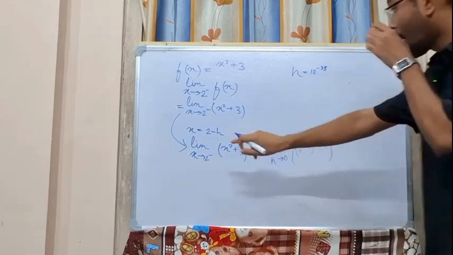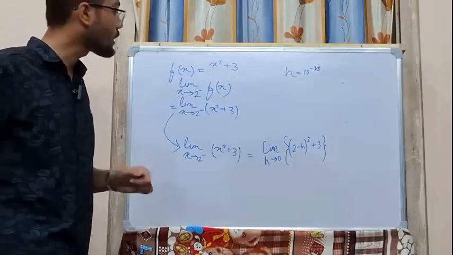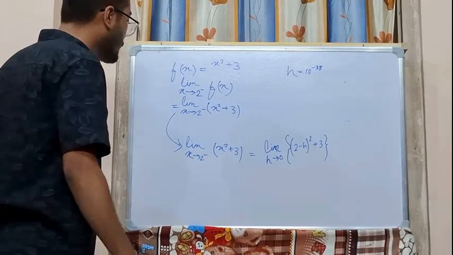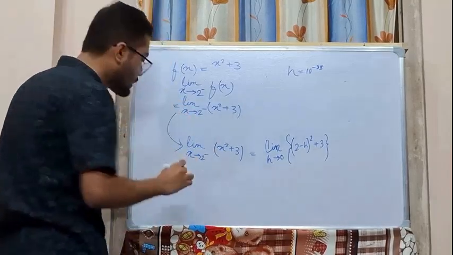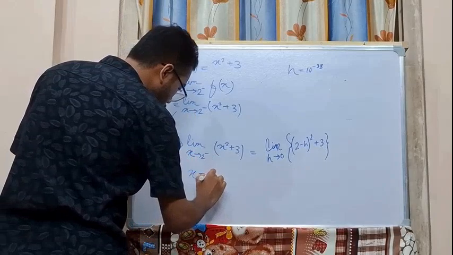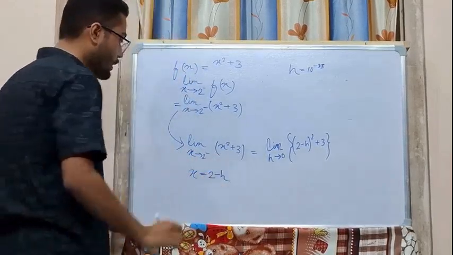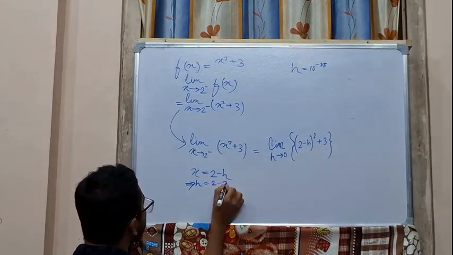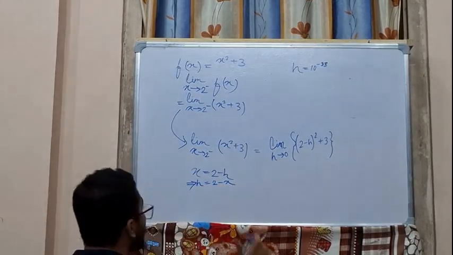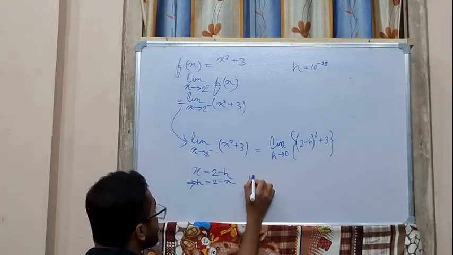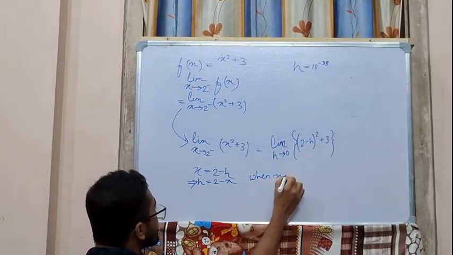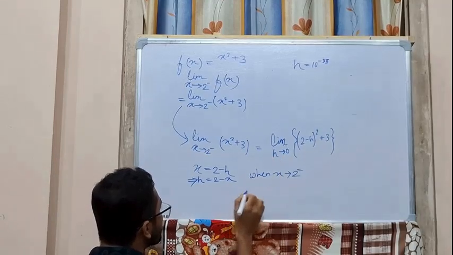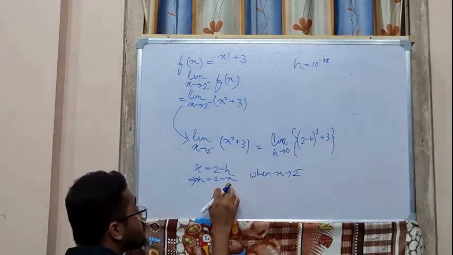Now why h tends to 0? Let's discuss why h tends to 0 when x tends to 2 minus. We have considered x as 2 minus h, right? That means h is equal to 2 minus x, right? When x is approaching 2 from its left side, it's nearer to 2.